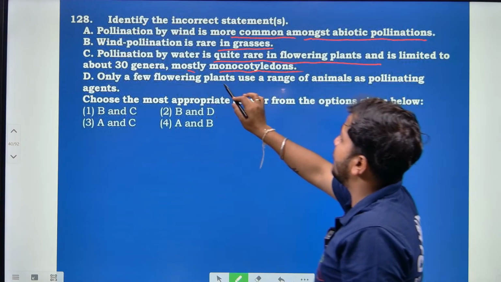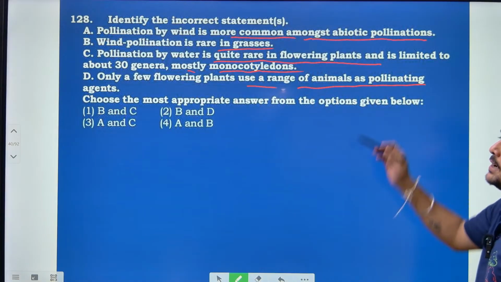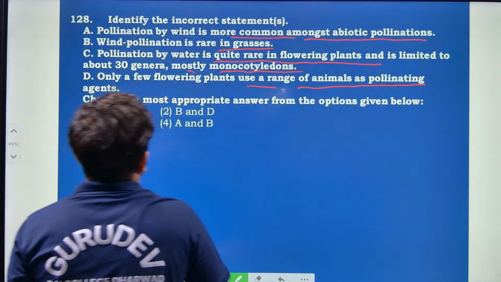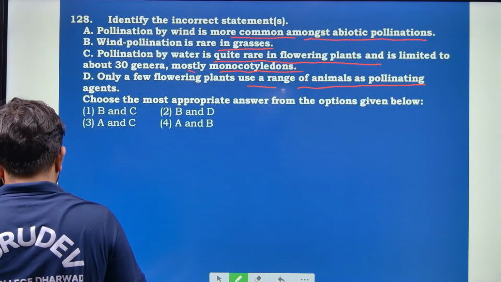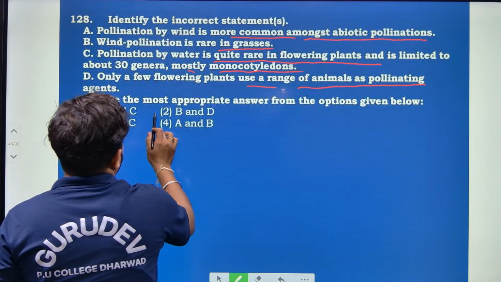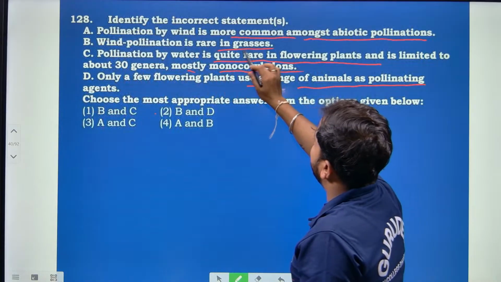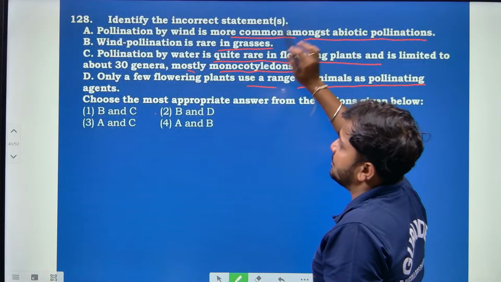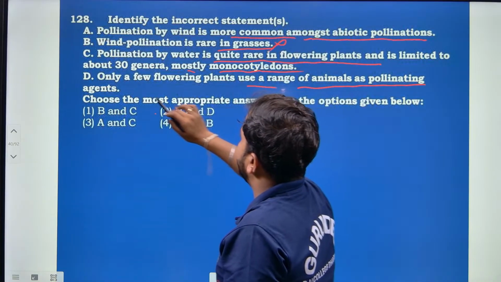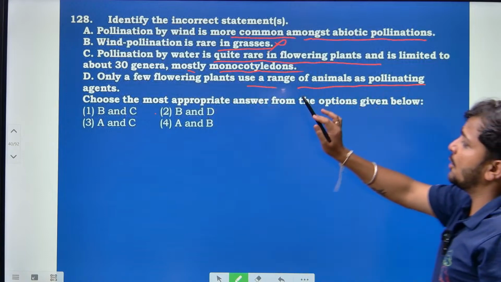Only a few flowering plants use a range of animals as pollinating agents. So according to this, the incorrect statement is B, that wind pollination is rare in grasses. There actually wind pollination itself takes place, so this statement is incorrect. Then only a few flowering plants use a range of animals as pollinating agents.